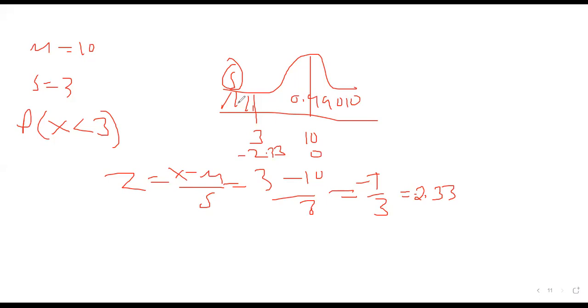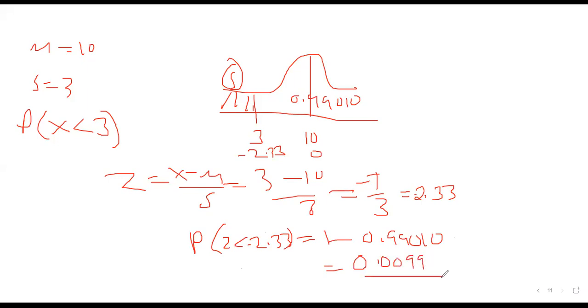So how do we get this small region? We subtract from 1. So for negative 2.33, we're going to subtract 1 minus 0.99010. So here we're going to have 0.0099. So that is how we go about it.